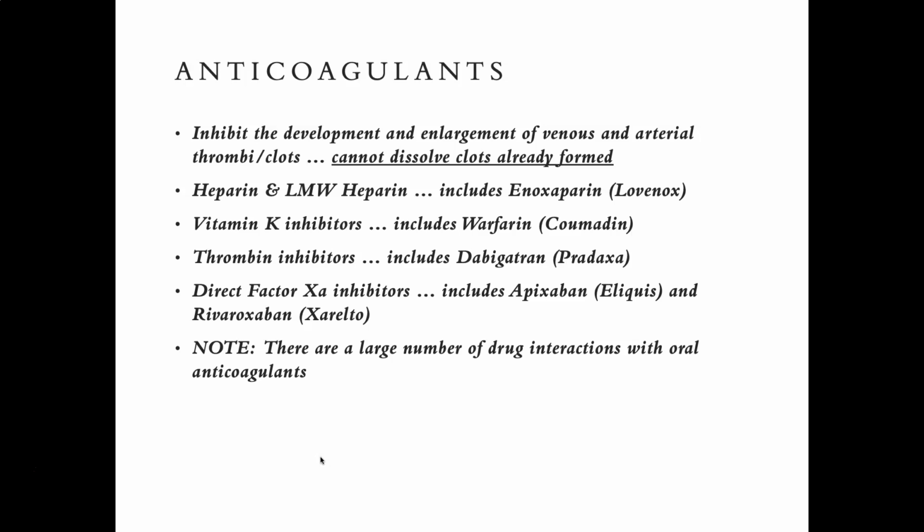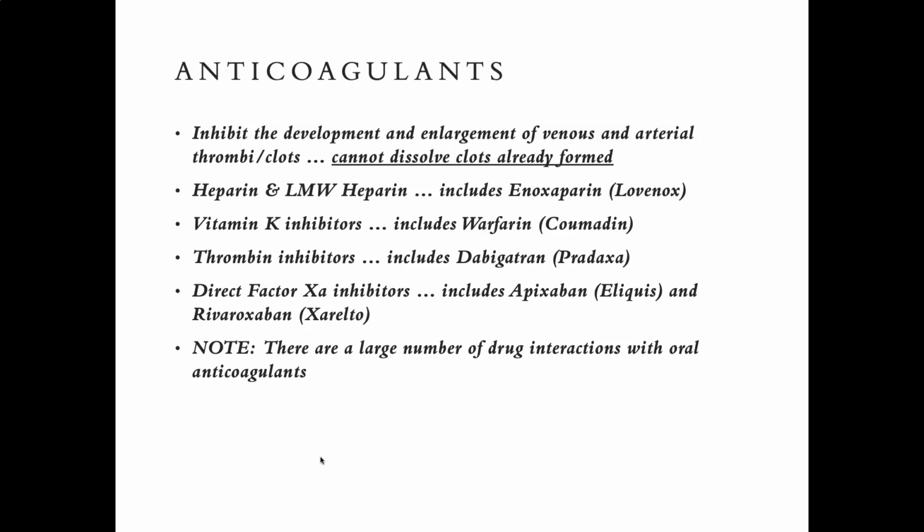Now I'm going to stop here for a minute and tell you, an anticoagulant is a vitamin K inhibitor, right? Meaning that if you give a patient vitamin K, what does it do? It coagulates their blood. It thickens it. So if you have a patient who is on warfarin or Coumadin or any of these anticoagulants, and you suddenly need to get them ready for surgery, you have to take them off.